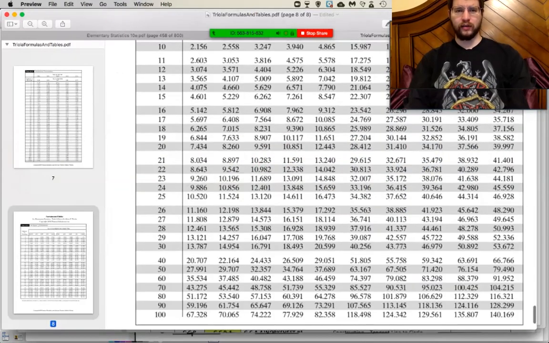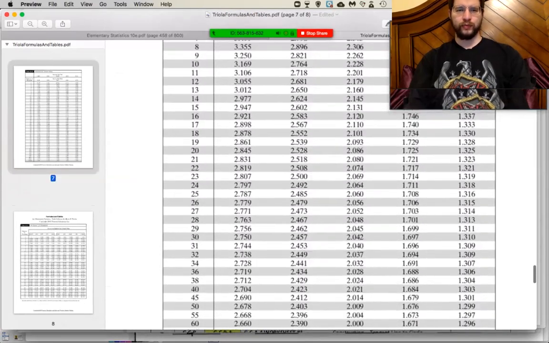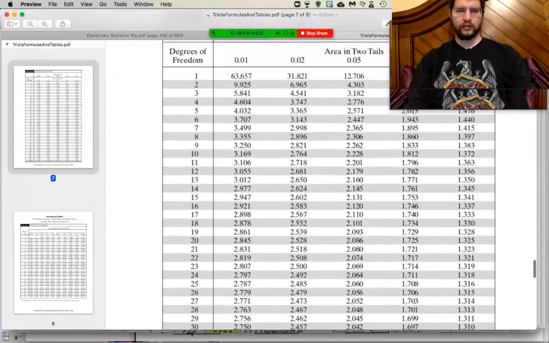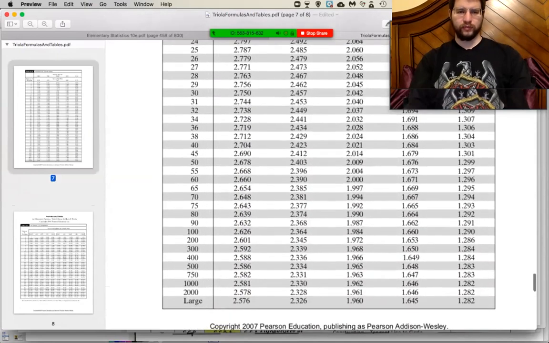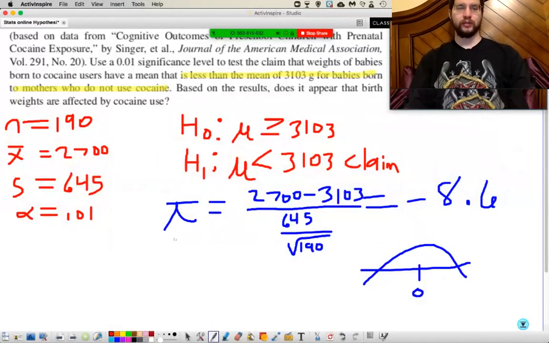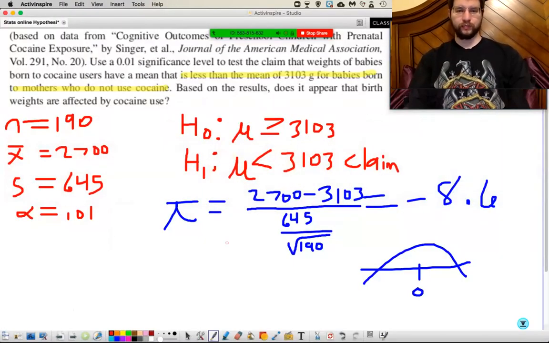Oh wait, that's chi-square. Here it is, the T distribution. 190 is closer to 200 than 100, so let's go with that one. We should use 189 if we had a more accurate chart, but we don't, so we use what it's closest to.